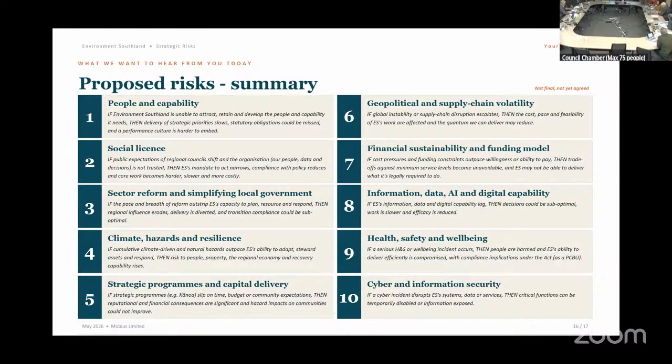I wonder if it's prudent to mention in particular our asset management, and I don't mean our floodways. I mean our investment, our reserves, our port ownership as being somewhat at risk in the light of the local government reform in particular, but in the short term, and that also includes actually the science data that we hold and the expertise that we hold and the people assets that we hold.